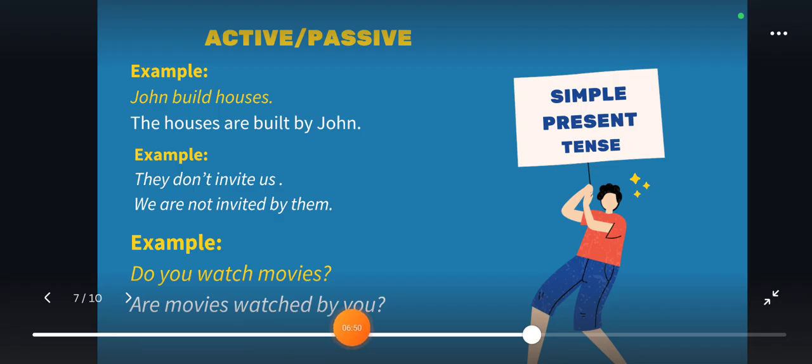So for passive voice interrogative structure, we have to put helping verb first, then the new subject, movies, then watched, the third form of verb, then preposition by, and in the end add the new object, as you has become object now. So this is the answer. Are movies watched by you? Add a question mark in the end.